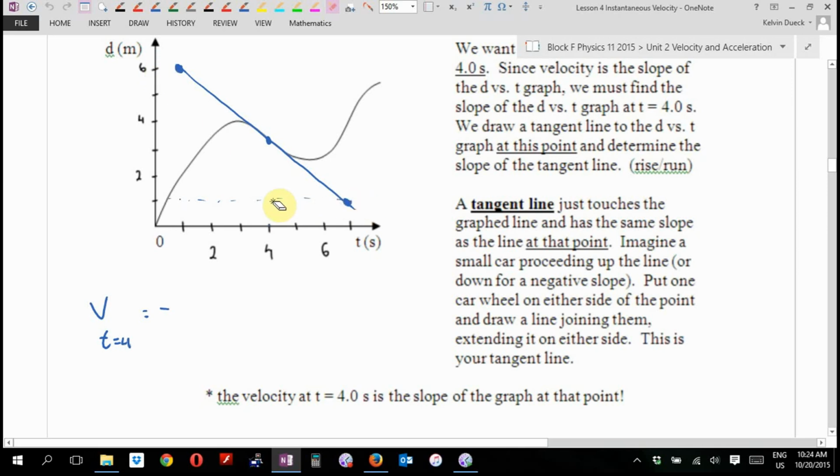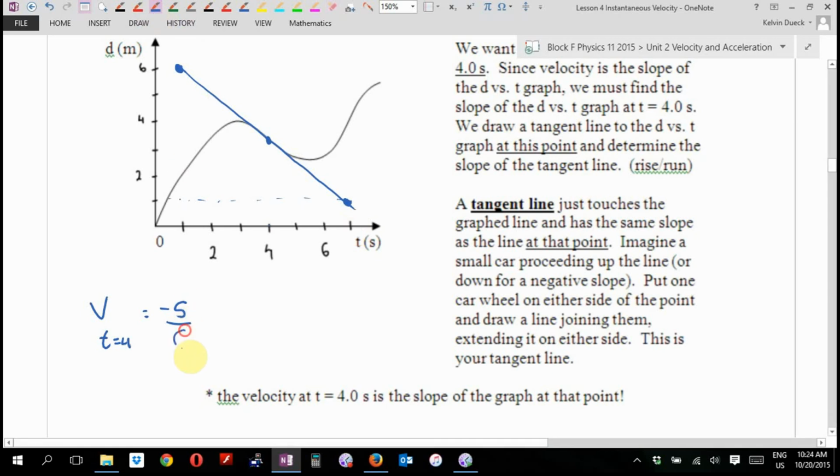How high am I right here? 1. What's the rise between 1 and 6? Okay, -5. I got the negative already, so I'm just going to say 5. My run is 7 and 1. What's the run between 1 and 7?